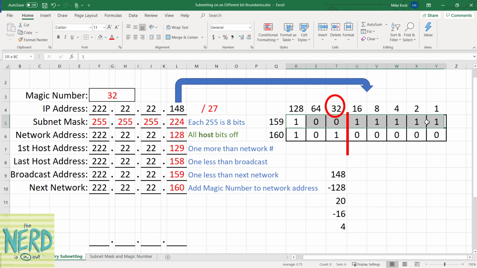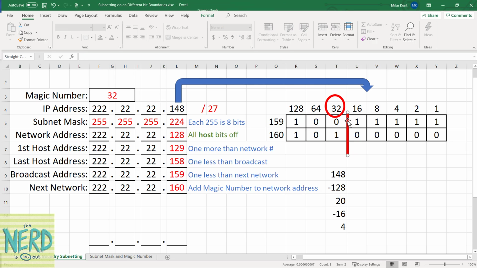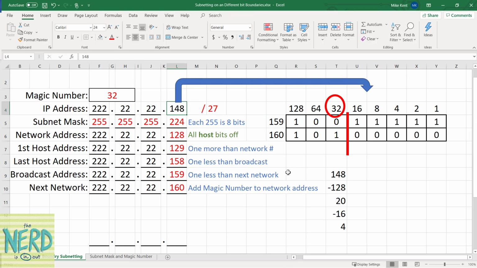This is 159. You add one more to it, and it turns on the 32-bit, and all these are turned off, and that's a different network. So this is on network 128. This is on network 160.